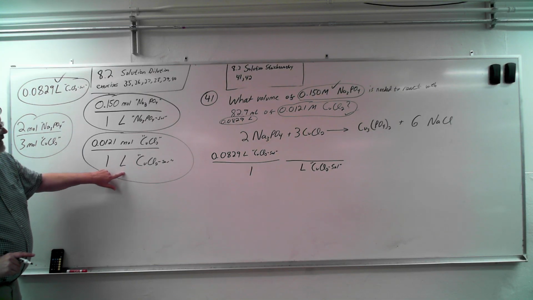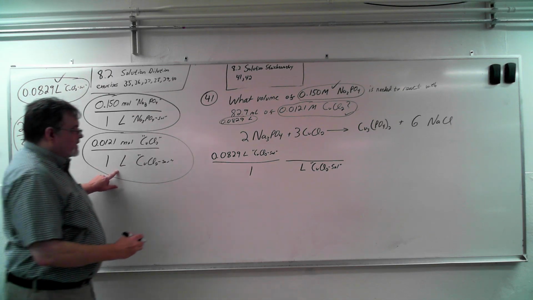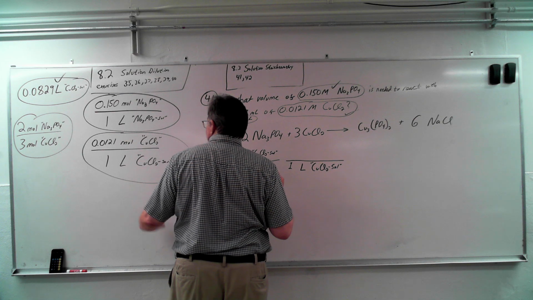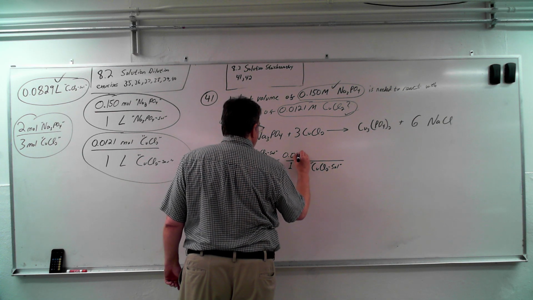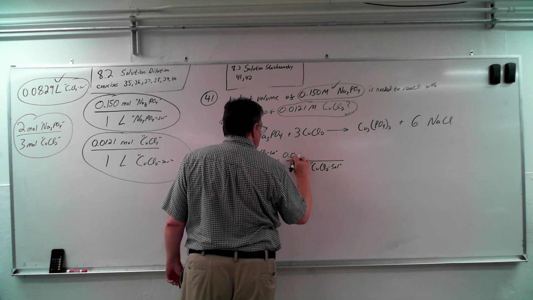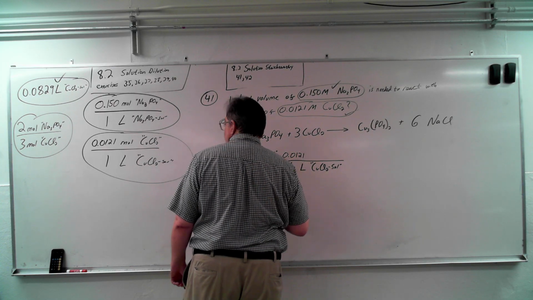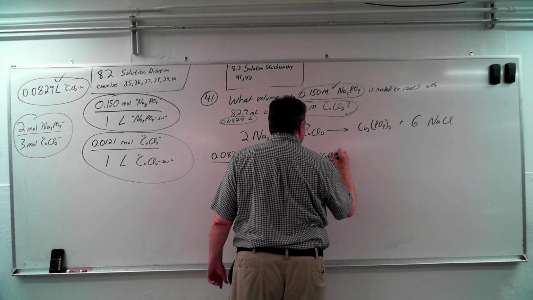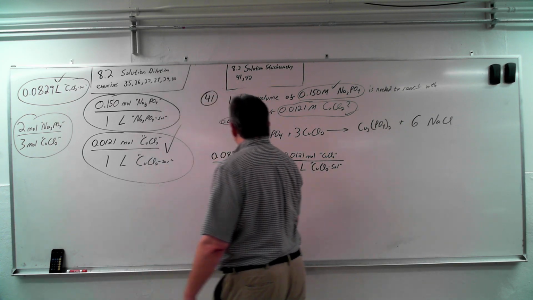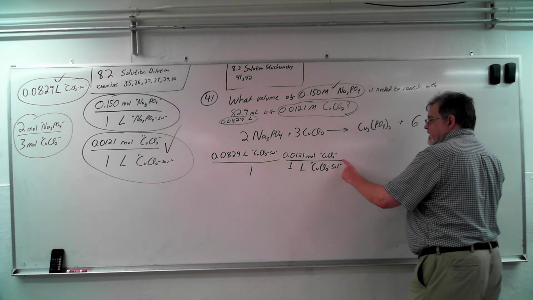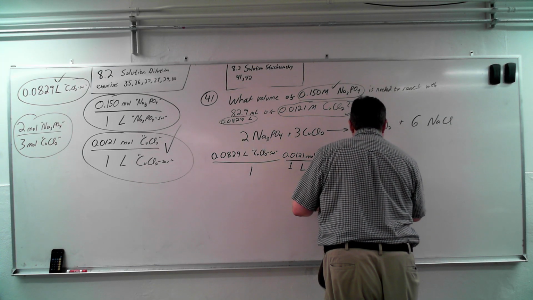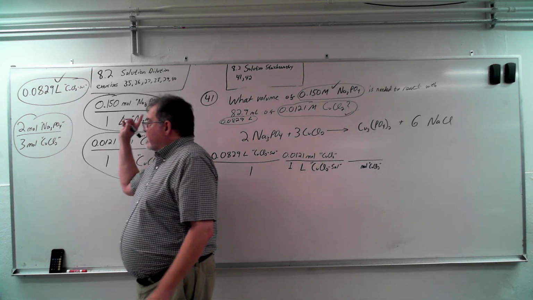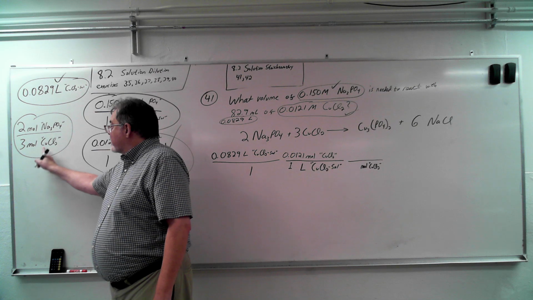So this is next: 1 liter of CuCl2 solution over 0.0221 moles of CuCl2. Now we've used this. Next, we're going to need moles of CuCl2 on the bottom. Out of the 2 left, you only see moles of CuCl2 in one place. It's here. So this is next.